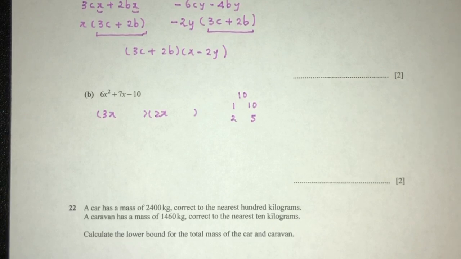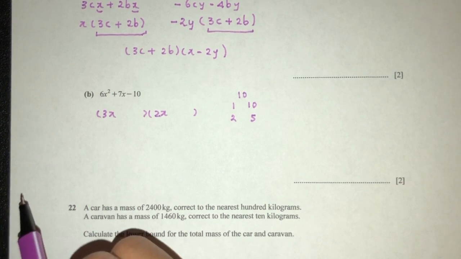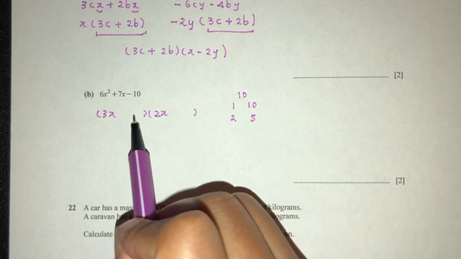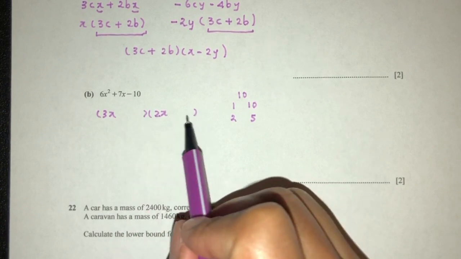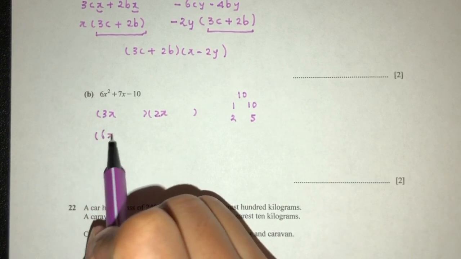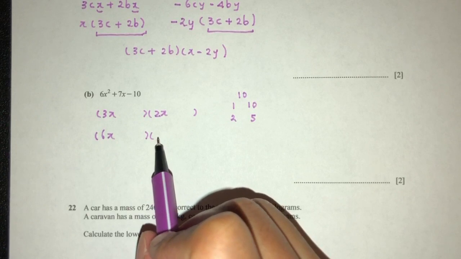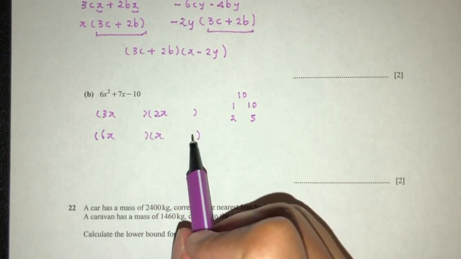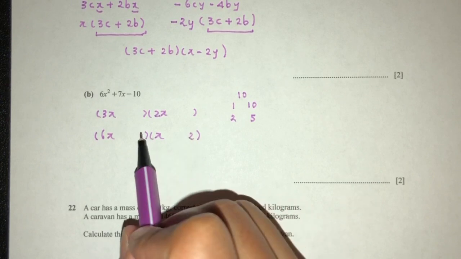Let's see what happens. What if I put 2 here and 5 here? That doesn't work. What if I put 5 here and 2 here? That doesn't work either. Let's try something else. What if I have 6x times x, and if I put 2 here and 5 here, it works.